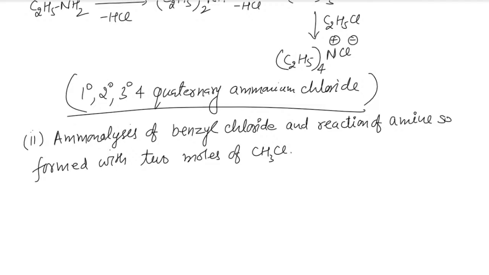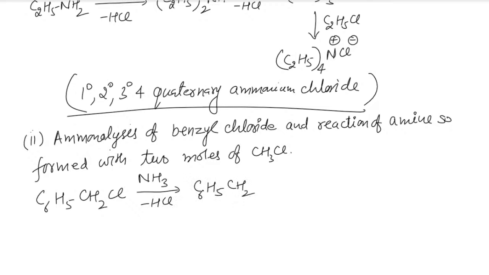So first of all we have benzyl chloride. Now this benzyl chloride we treat with ammonia. On treatment with ammonia we get amine, and then the reaction of this amine with 2 moles of methyl chloride.